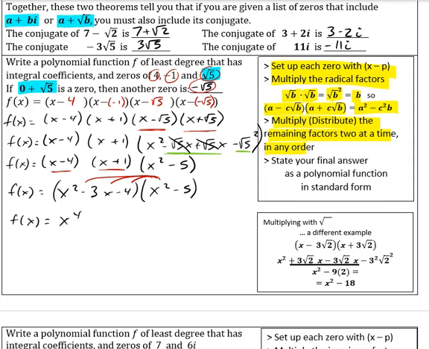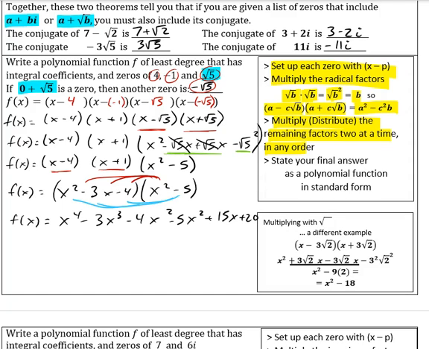That gives me x to the 4th minus 3x to the 3rd minus 4x squared. Then I go this one to those three. Minus 5x squared plus 15x plus 20.